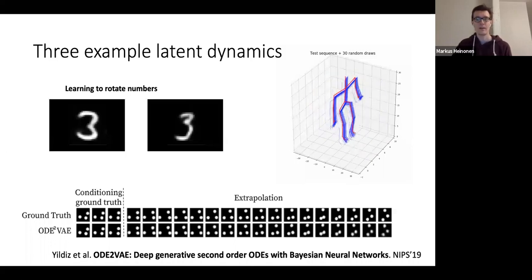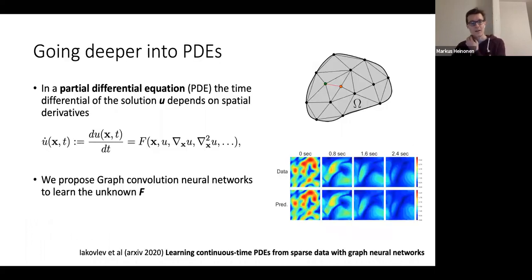Okay, and then a final example of our line of research represents going even deeper into partial differential equations. So far we only looked at ODEs or SDEs. So in both cases, we have a single particle that follows its own trajectory. It asks the vector field which way should we go, and then it goes there.